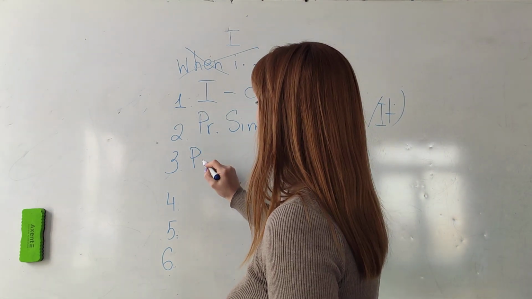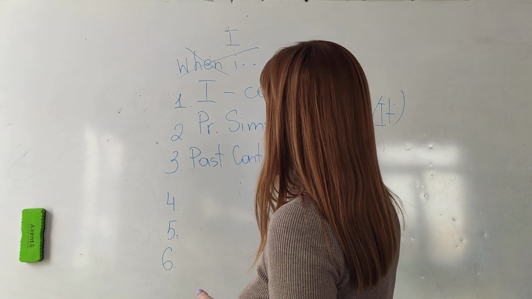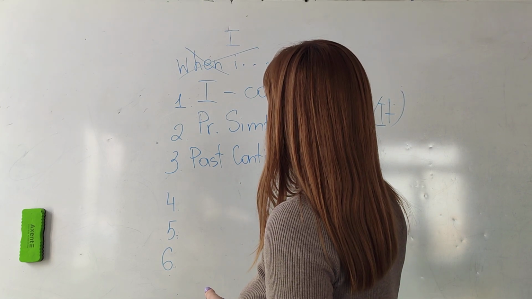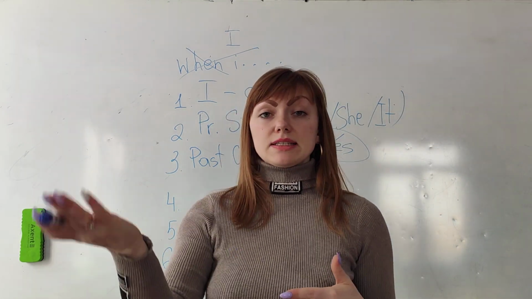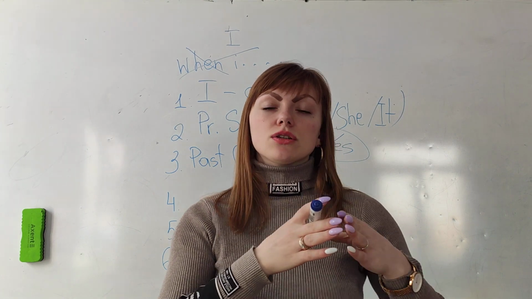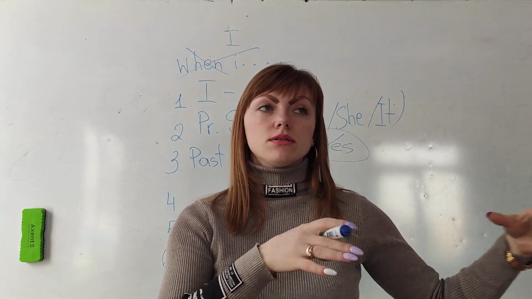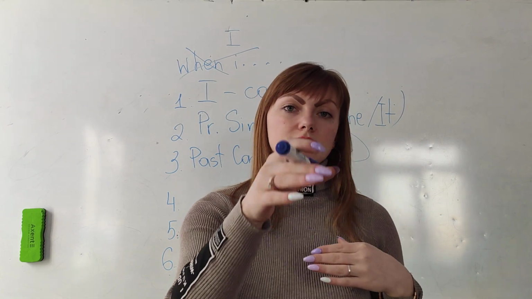The next mistake was past continuous. You remember that we have present continuous and past continuous. Present continuous is the action which is going on right now at the moment of speaking, and it's a continuous action.